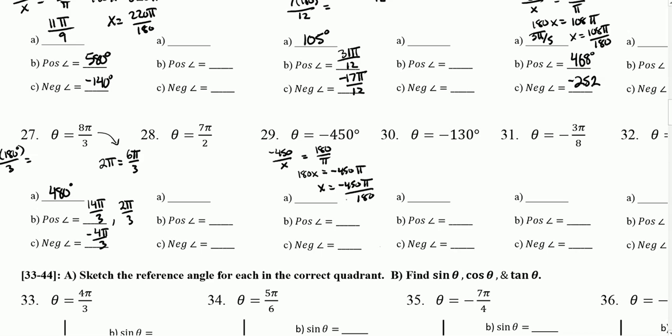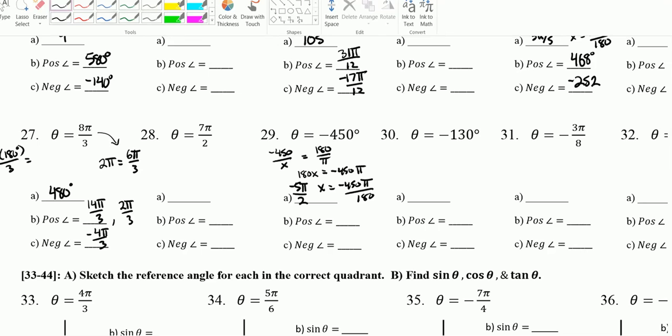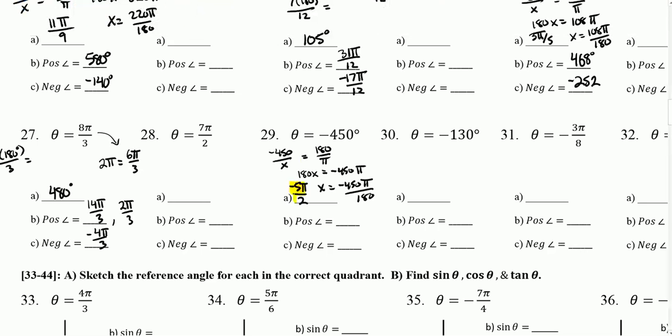If we divide top and bottom of the fraction by 90, we're going to get negative 5 pi over 2. And let me just highlight that to distinguish the answer.